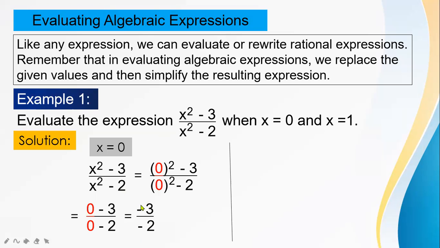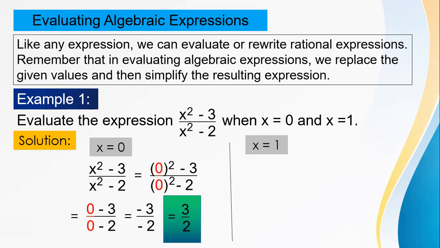Then we have negative and negative, divide negative and negative, and therefore we have positive 3 over 2, and therefore this will be your answer. If your x is 0, and therefore your value of the given expression is 3 over 2.